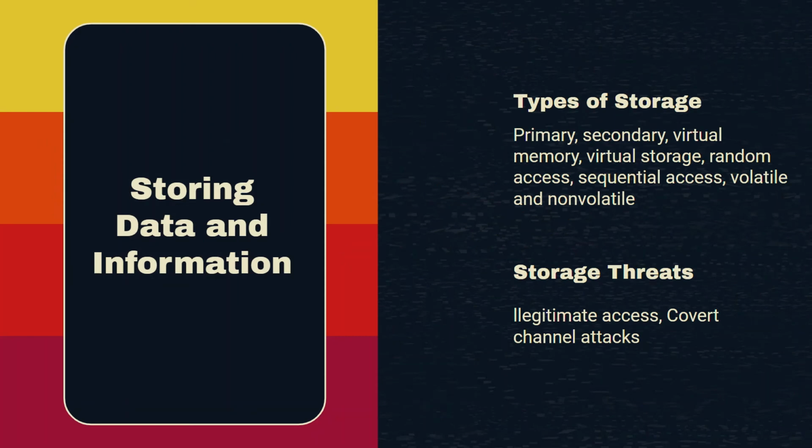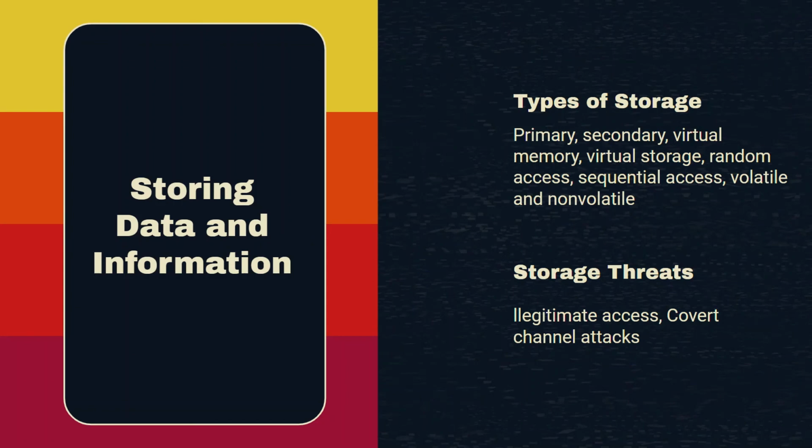Storing data and information. Nowadays all the systems gain power from data, so it's important to know some of the types of storage that they can have. The primary or real memory consists of memory resources available directly from the CPU.